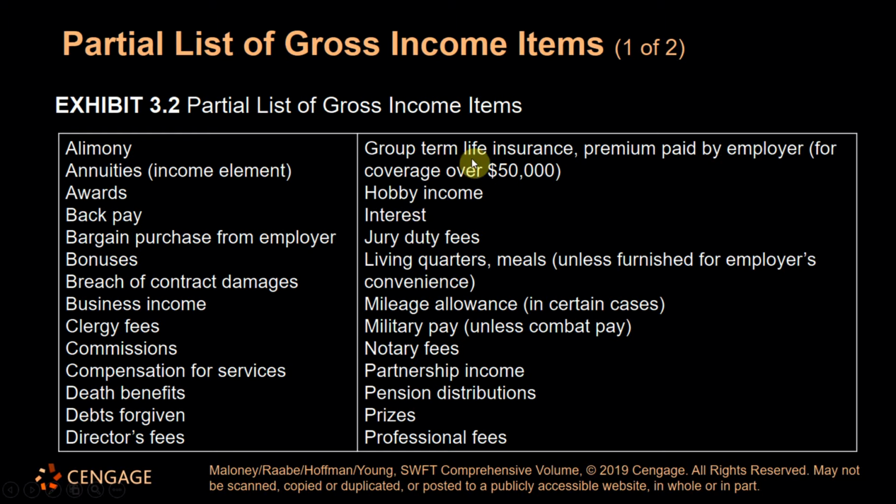Any premiums paid by your employer for health insurance coverage up to $50,000 are not included in income, but premiums for coverage over $50,000 would be included in income. Jury duty fees are included as well. Partnership income from a K-1 would certainly be included.